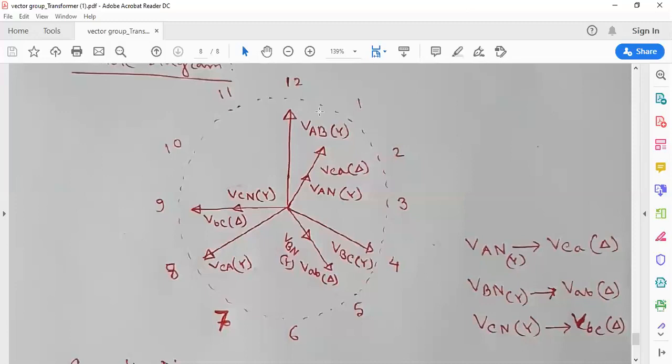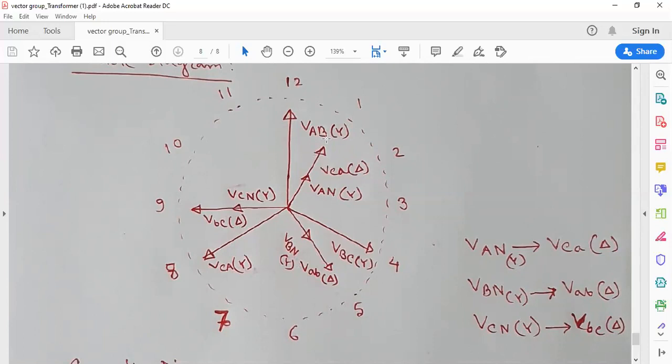That means 1 after 12, along this direction. VCA, VAB, VBC. All the delta connections are done.